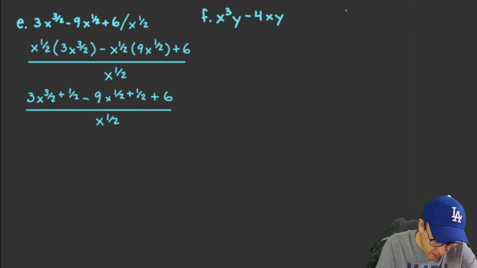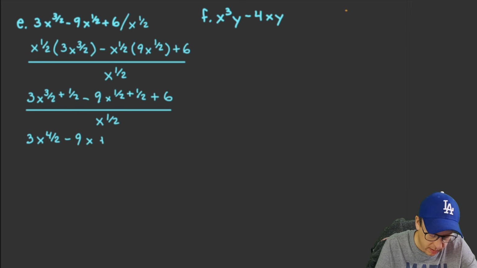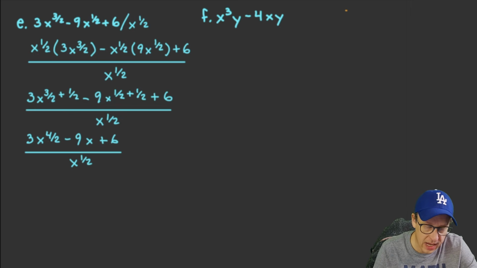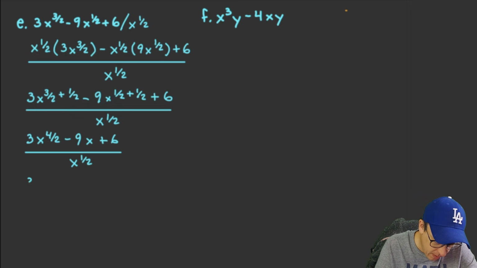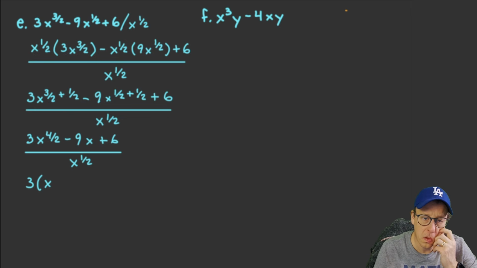and then this will end up being equal to 3x^(4/2) minus 9x plus 6 over x^(1/2). And I want to factor out the 3's on this. Best way to display this, well, that'll just simply be 3x squared in this circumstance.